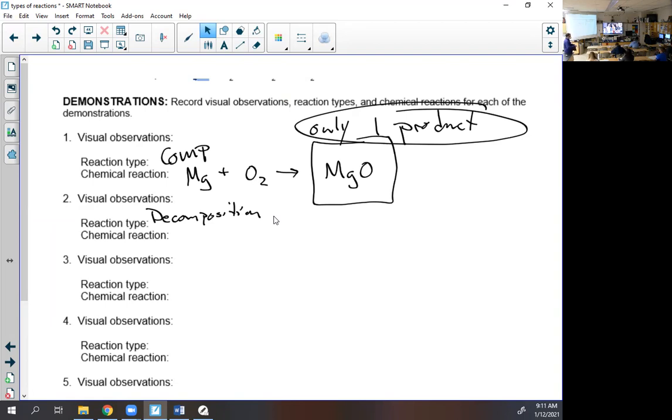The one I'm going to do, I already wrote, but I'm going to write it bigger, and it goes right here. It's KClO3, that I'm going to heat, and it produces potassium chloride and oxygen. That oxygen comes out as a gas.